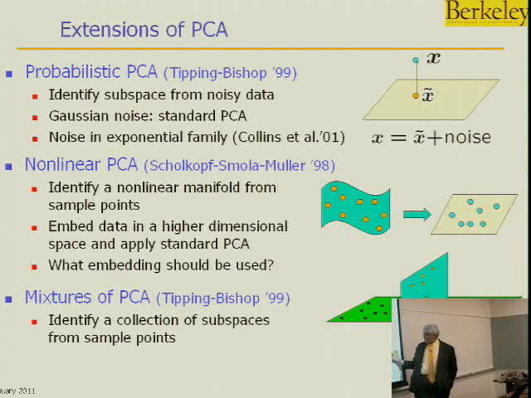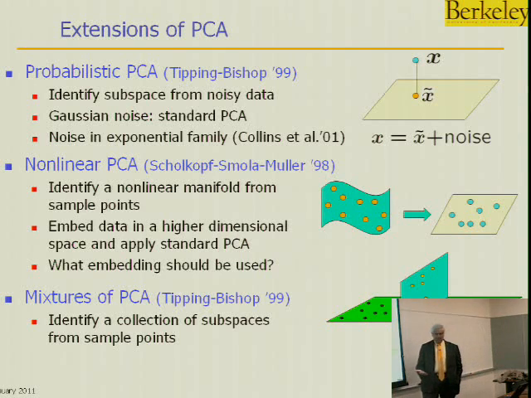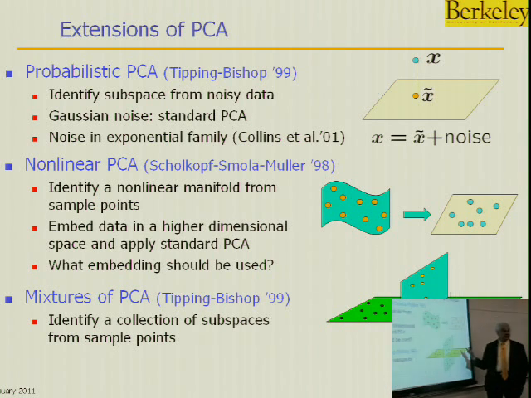We are given data that looks like this, just black points and yellow points, and nobody has told you which points are black and yellow. If you were to try principal component analysis, you'd get a subspace which goes down the middle, and it would be a terrible fit for all the points. But if you insisted on a single subspace, that's what principal component analysis does.